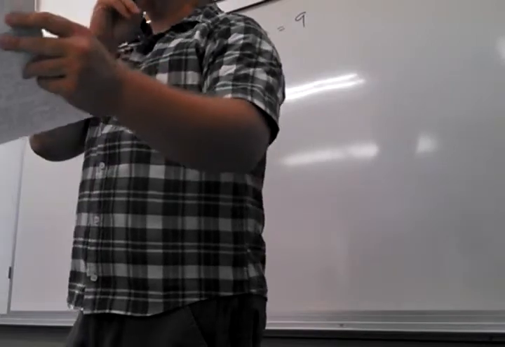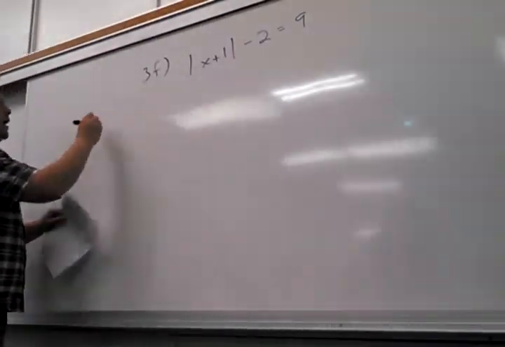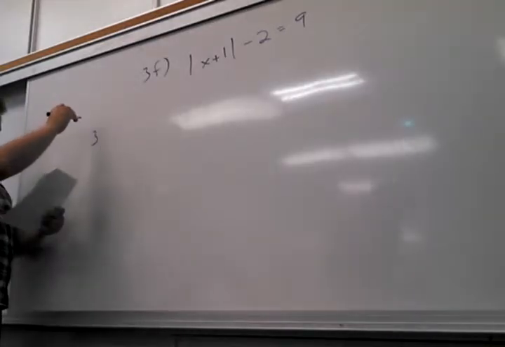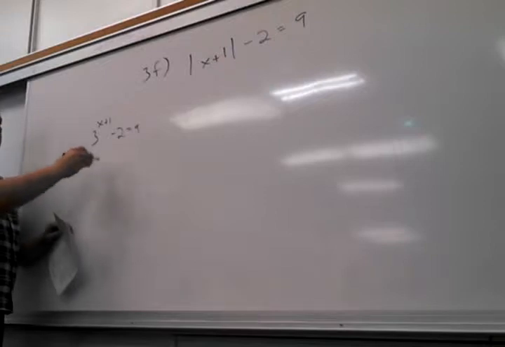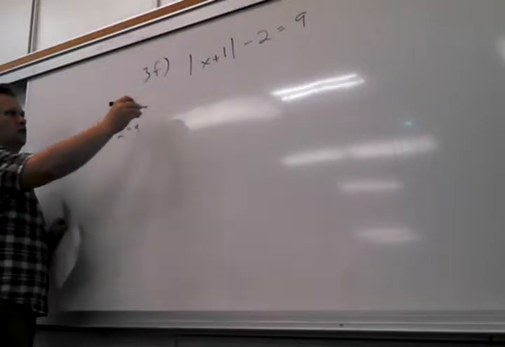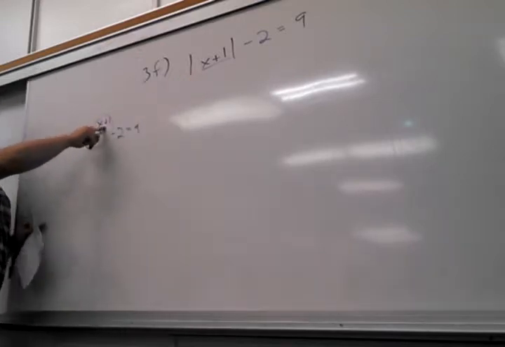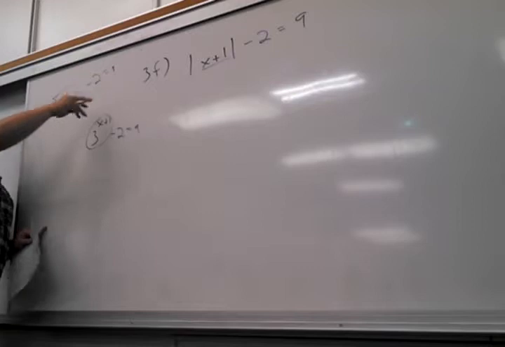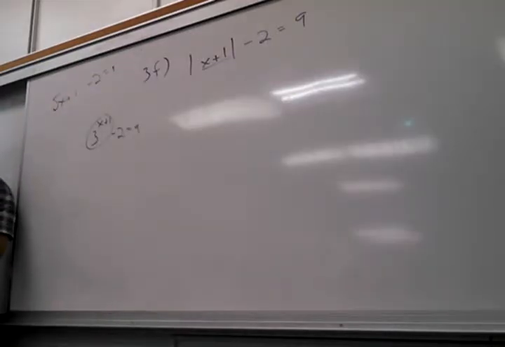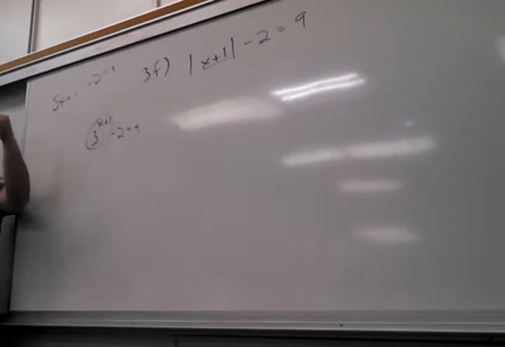See 3i? 3i is 3 to the x plus 1 minus 2 equals 9. So the point I'm trying to make is no matter where your x plus 1 is stuck, here it's stuck inside an absolute value, here it's stuck in the power of a 3, here it's stuck inside of a square root, no matter what your first step is, isolate that term where your variable expression is stuck.